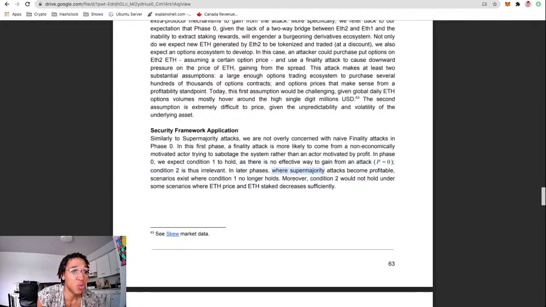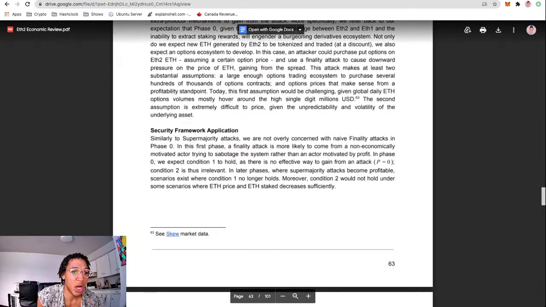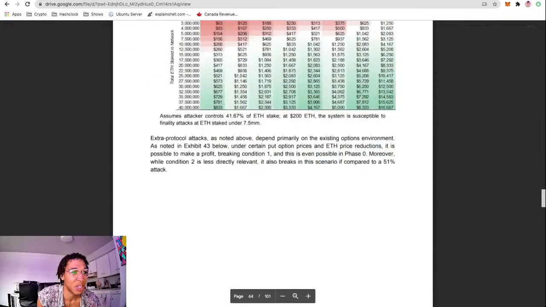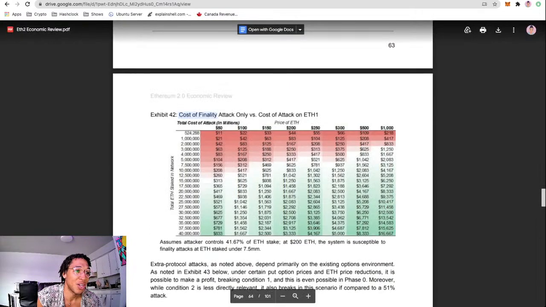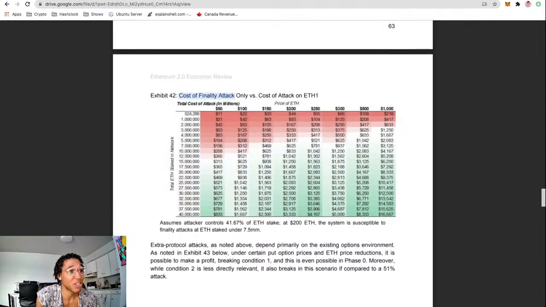In later phases where supermajority attacks become profitable, scenarios exist where condition 1 no longer holds. Yep. Moreover, condition 2 would not hold under some scenarios where ETH price and ETH stake decreases sufficiently. Again, you're going to get into a paper, a graph explaining that. Same assumptions as before.